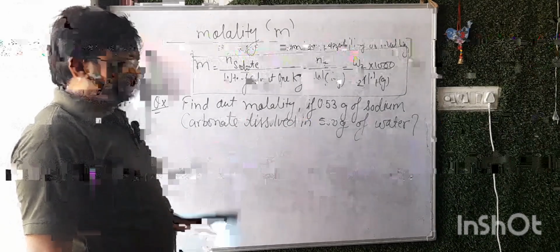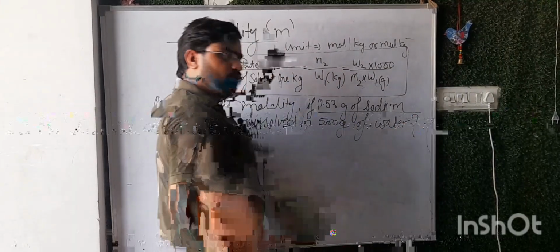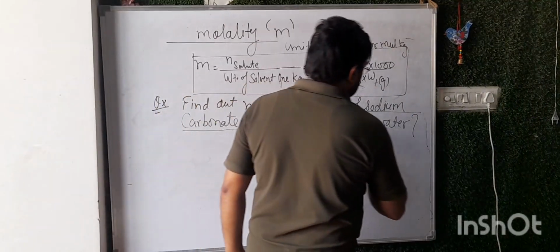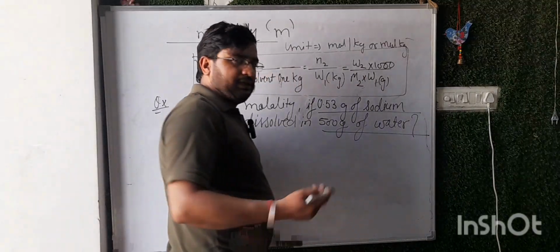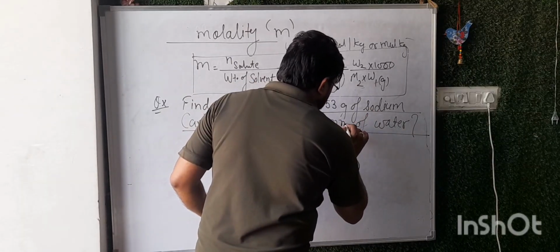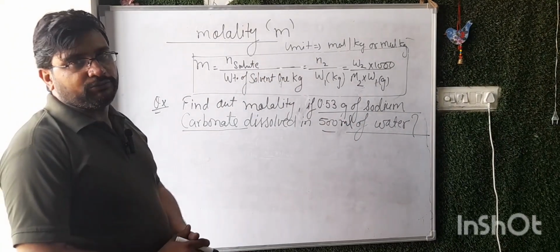So here the solute is sodium carbonate, and it is dissolved in 500 gram of water. Suppose it is not given in gram but in milliliter, then how do we calculate the mass of the solvent?